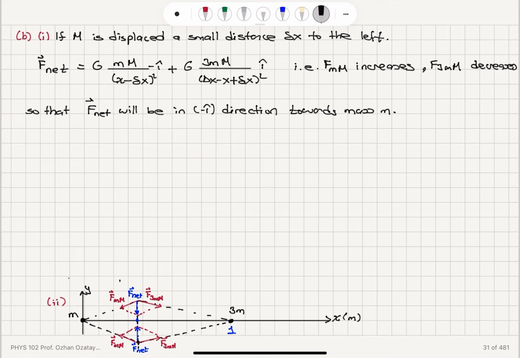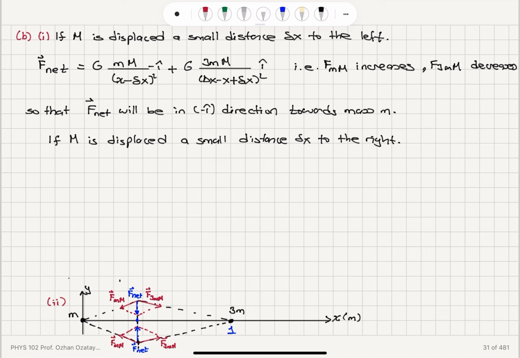All right. Now, if capital M is displaced a small distance delta x to the right, what happens?